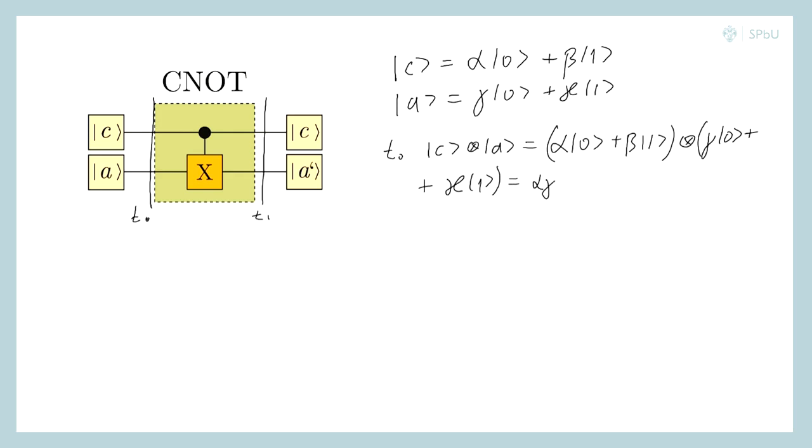Alpha gamma 00 plus beta gamma 10 plus alpha kappa 01 plus beta kappa 11. So after the CNOT element, we should flip the state of the qubit A if the qubit C is in the state 1.